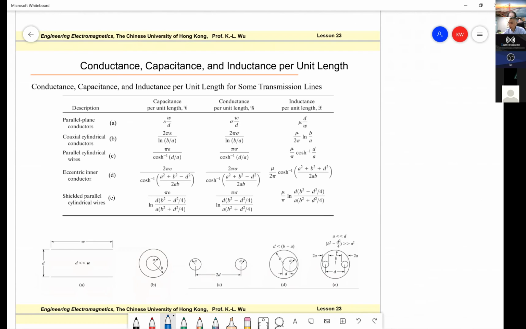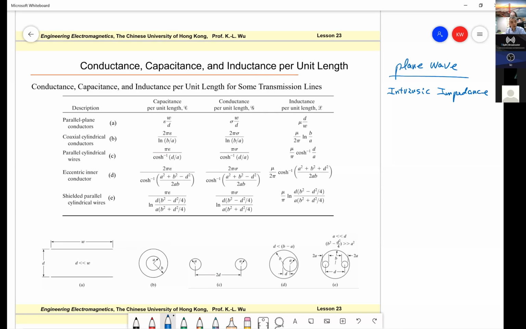When we discuss a plane wave, we have a very important concept we call intrinsic impedance.